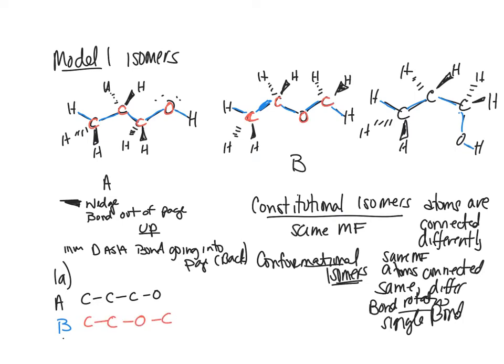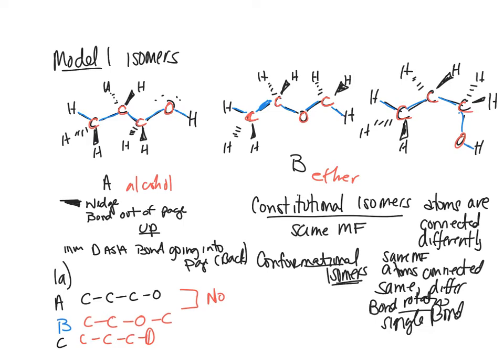And compound C, we have carbon, carbon, carbon, O. Okay. Is the order of connectivity the same for structures A and B? No. And you can look at A as what? An alcohol, and B is an ether.